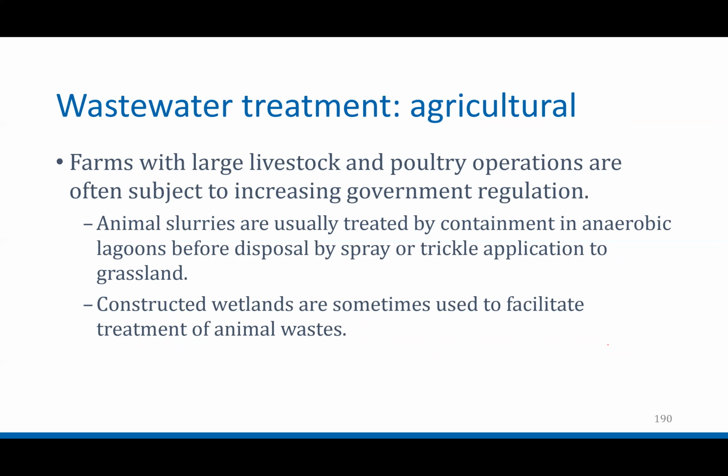So instead of dumping animal waste into a natural river or lake or stream, it would be held somewhere else. You don't need to know these terms, but just know that the animal waste from a good farm is not dumped into a natural river, lake, stream, or the ocean. It is held somewhere and treated there first.